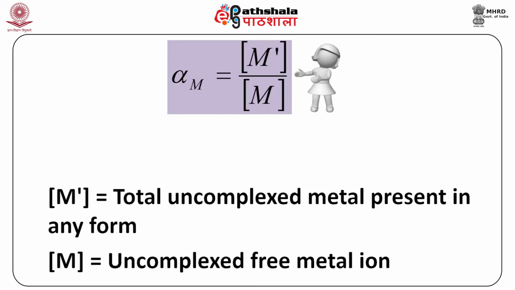Ringbom introduced the side reaction coefficients alpha M and alpha A. Now, here alpha M is equal to the concentration of M dash divided by the concentration of metal M. Here M dash is the total uncomplexed metal present in any form and M is the uncomplexed free metal ion.